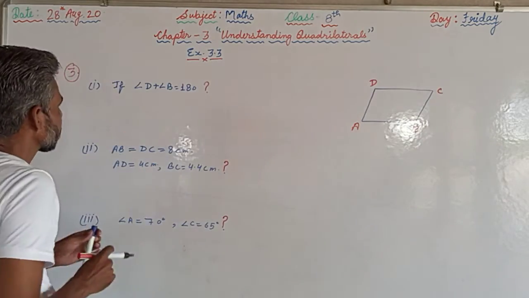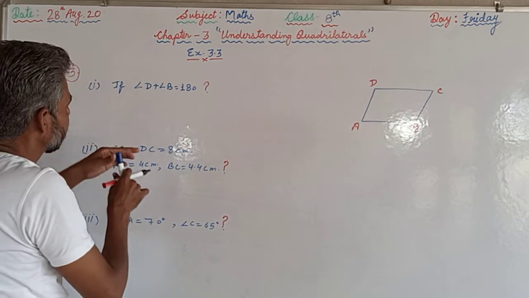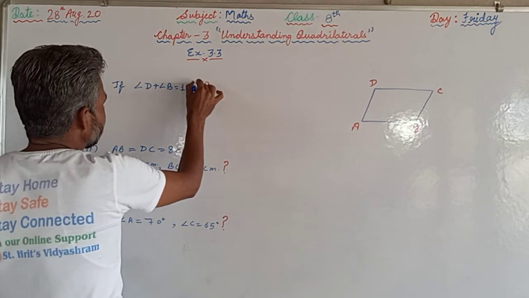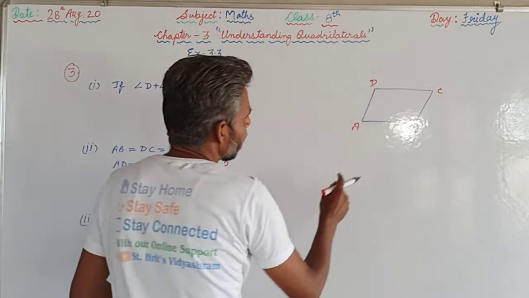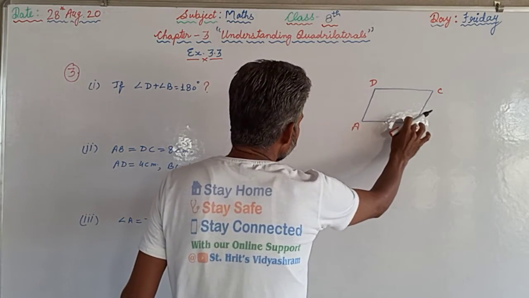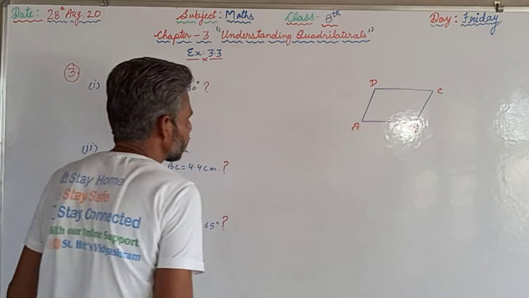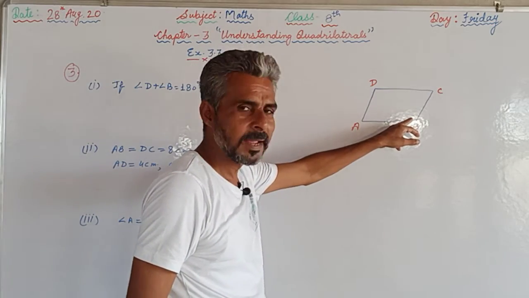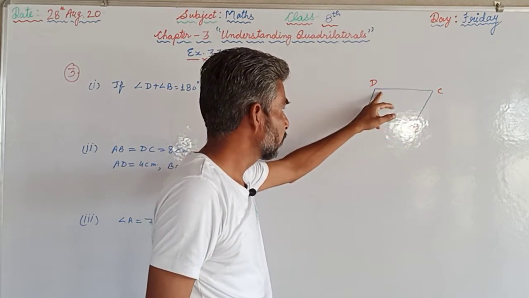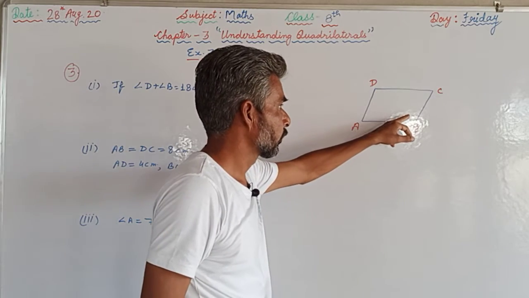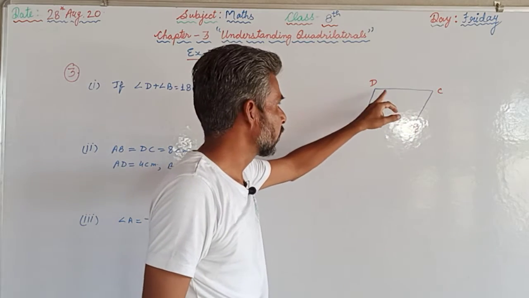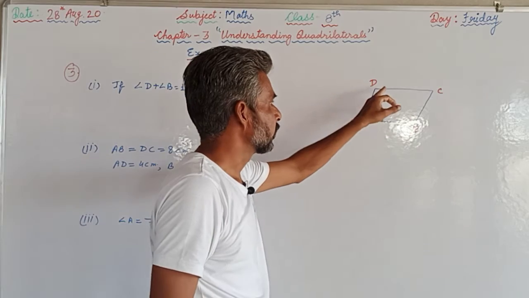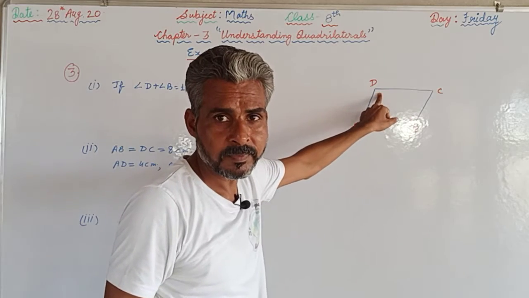So we will see angle D plus angle B is equal to 180 degrees. These are the opposite angles. If the sum is 180, then each should be 90 degrees, that will be a rectangle in that case.